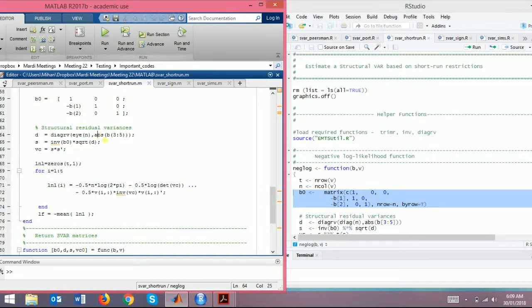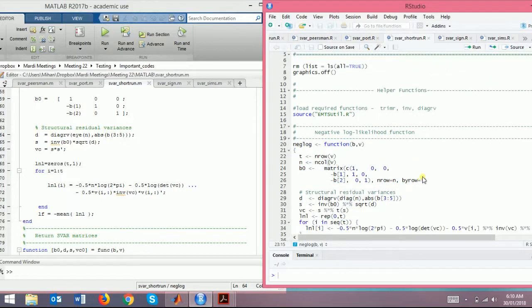Absolute, we take the absolute value of the third. So from the third to the fifth element, we are taking the third to the fifth element, 3 4 5.